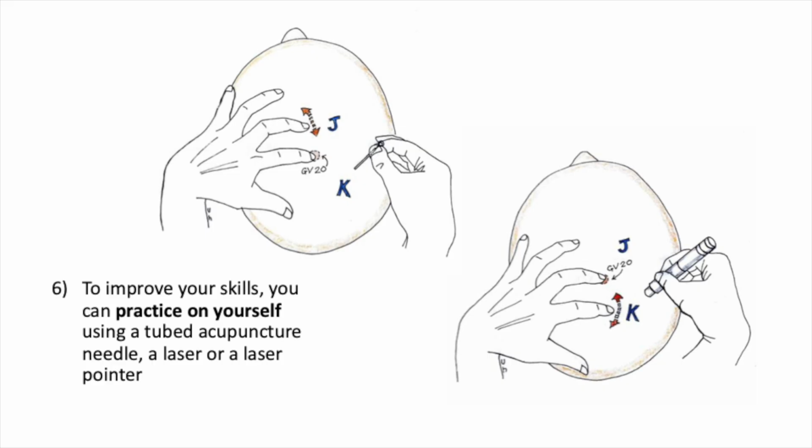Fix the index finger on the GV20 and palpate with the middle finger in the J somatotope. Fix the middle finger on the GV20 and palpate with the index finger in the K somatotope. And use your dominant hand to either needle or laser.